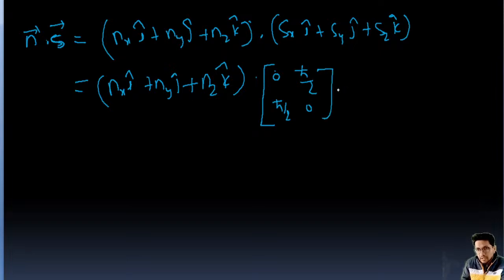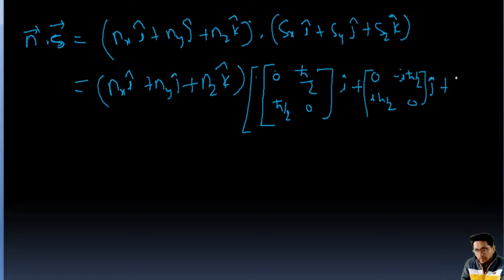This is sx i cap, right? Plus sy is 0, minus iota h cut by 2, iota h cut by 2, 0, j cap, plus h cut by 2, 0, 0, minus h cut by 2. This is the value of sz into k cap. Okay, so this is the value.